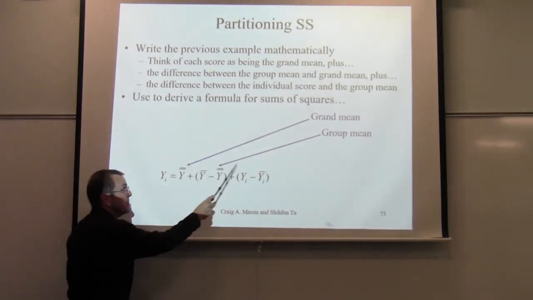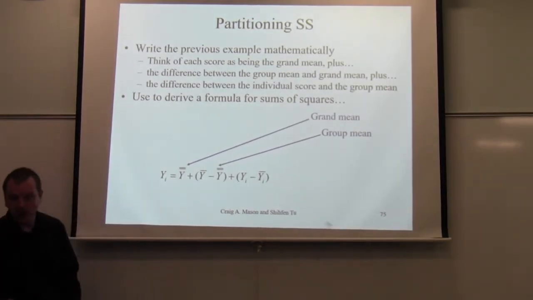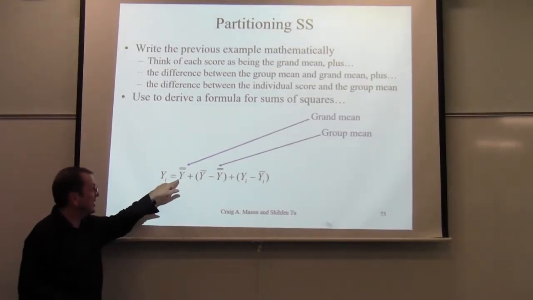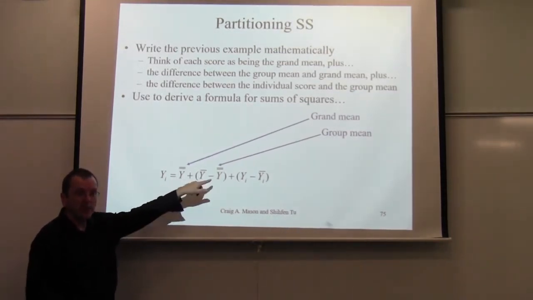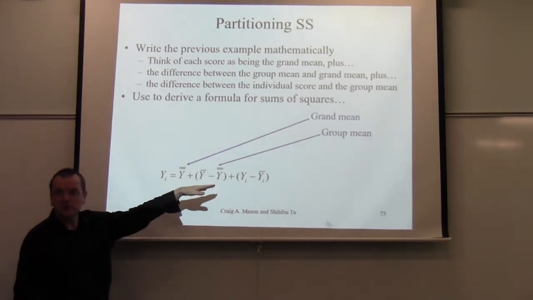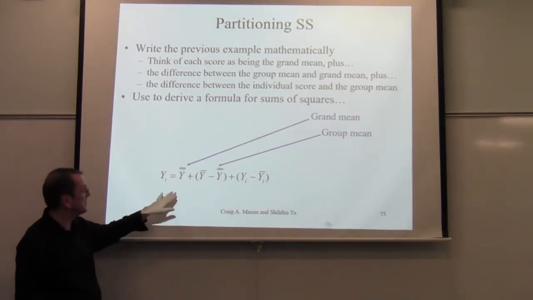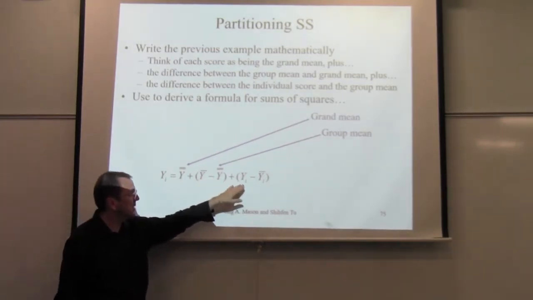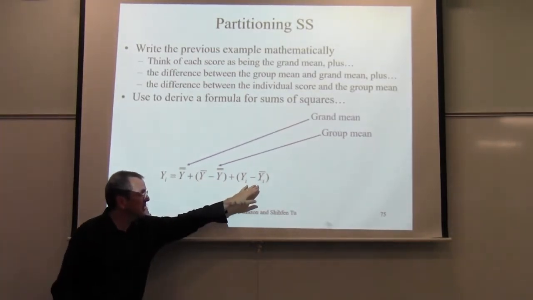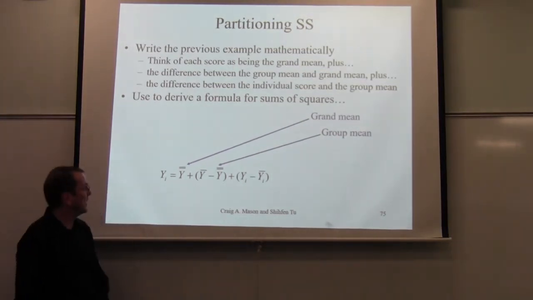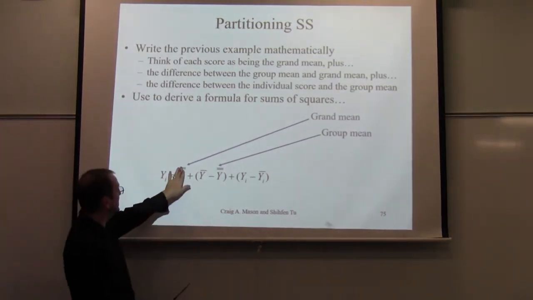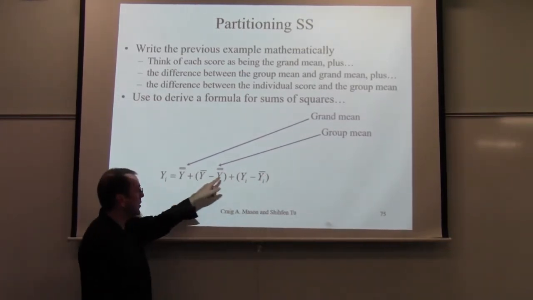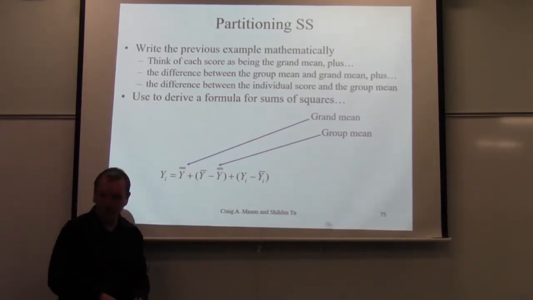So this is just a mathematical way of writing down exactly what we just said, but instead of putting in 95 and 80, we're sticking with symbols. Grand mean plus group mean minus grand mean plus individual score minus the group mean. And you can see this and this cancel out, and we're left with my score equals my score. So no typos.